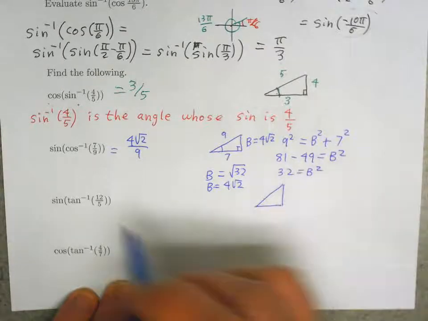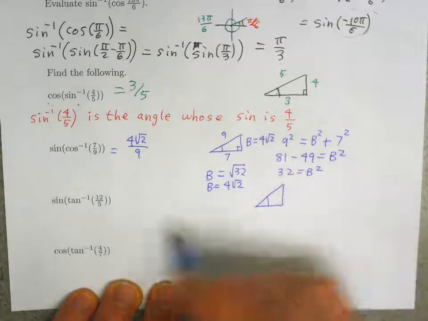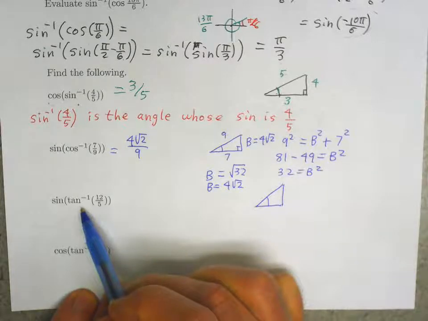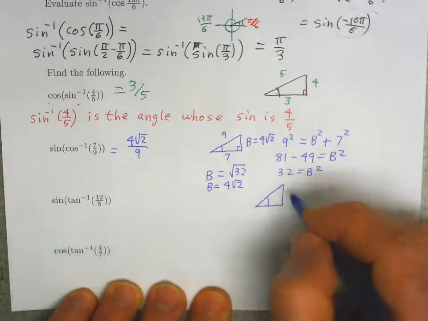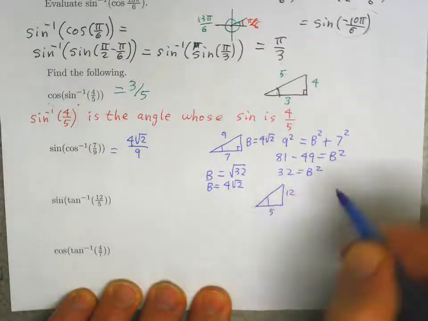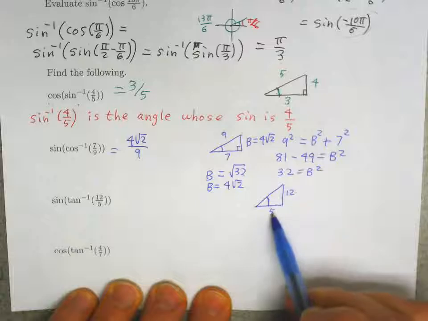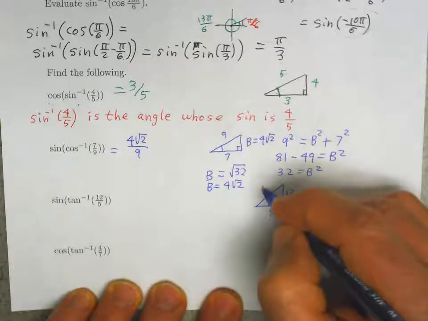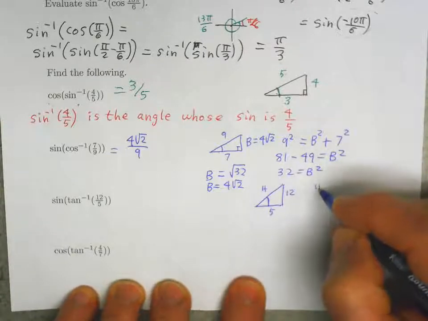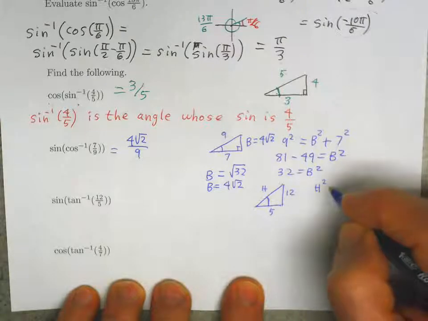So we want to find the sine of the angle whose tangent is 12/5. So here's the angle, and the tangent is opposite over adjacent. Now we have to use the Pythagorean theorem to find the hypotenuse.